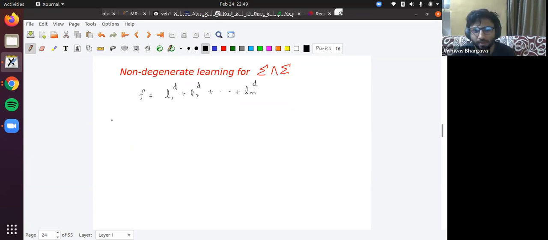Let's try to analyze what happens when I differentiate this polynomial with del ij, in n variables x1 to xn. Del ij means essentially differentiating with respect to xi and xj. So what happens when you do this? It's a linear operator, partial derivative, so I can just study it over one power of Li.